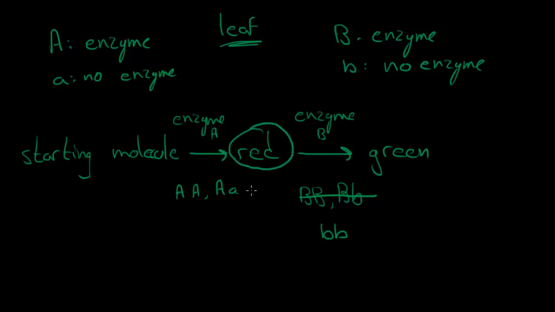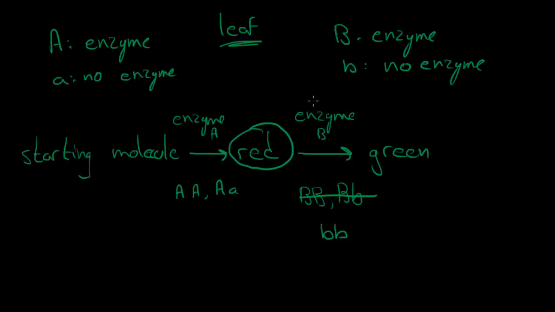So you can see that epistasis can also affect biochemical reactions or biochemical pathways. Therefore, this is an example of epistasis because gene A can mask the expression of gene B. So if enzyme A is not present, the starting molecule will not get converted into the red molecule, so enzyme B will not function at all.